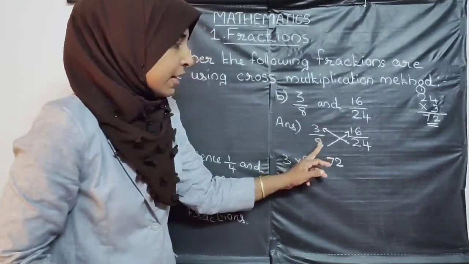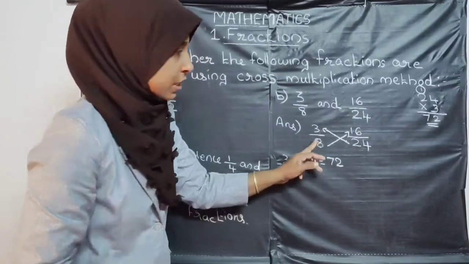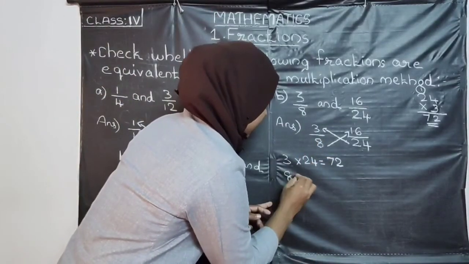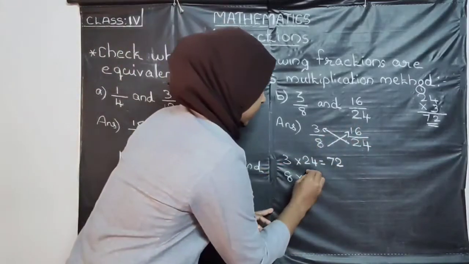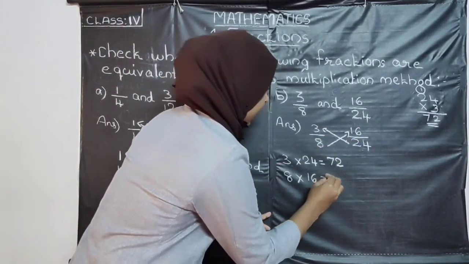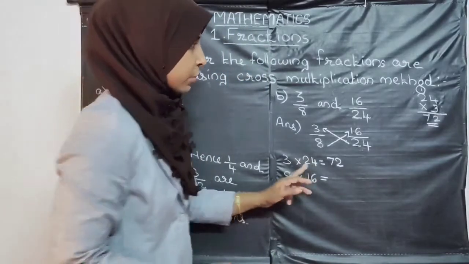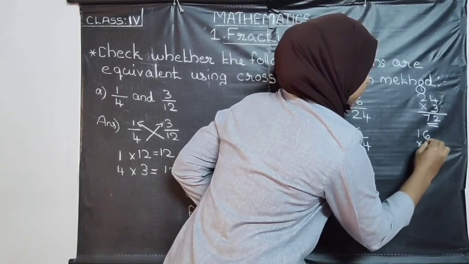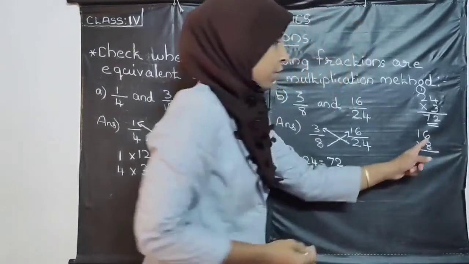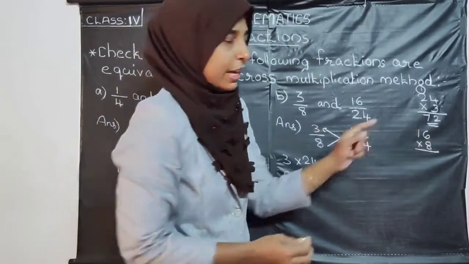Okay, next one. The denominator of the first fraction, that is 8, into the numerator of the second fraction, 16. So we want to find 8 into 16. So we can write 16 into 8. Okay, what is 6 into 8? 48.